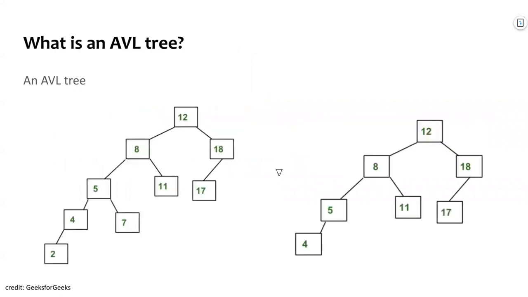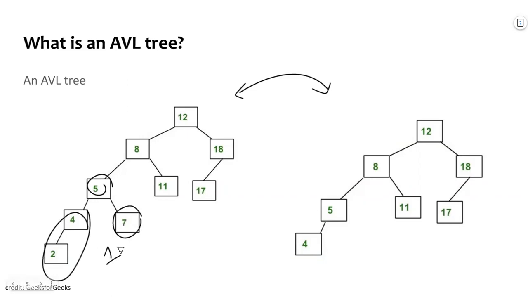Can you guess which one is an AVL tree between these two trees? This is a very easy question. Let's have a look at this node. The height difference between the left part and the right part is just 1.